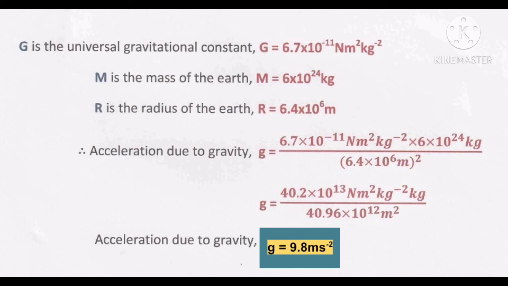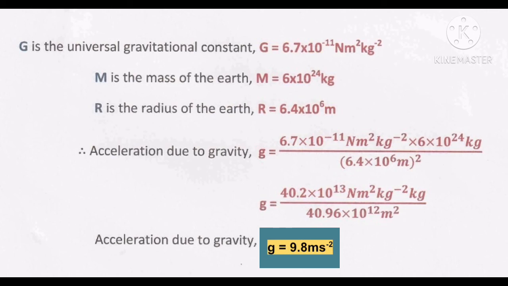M is the mass of the earth, that is M equals 6 into 10 to the power of 24 kg. And capital letter R is the radius of the earth, then R equals 6.4 into 10 to the power of 6 meters.